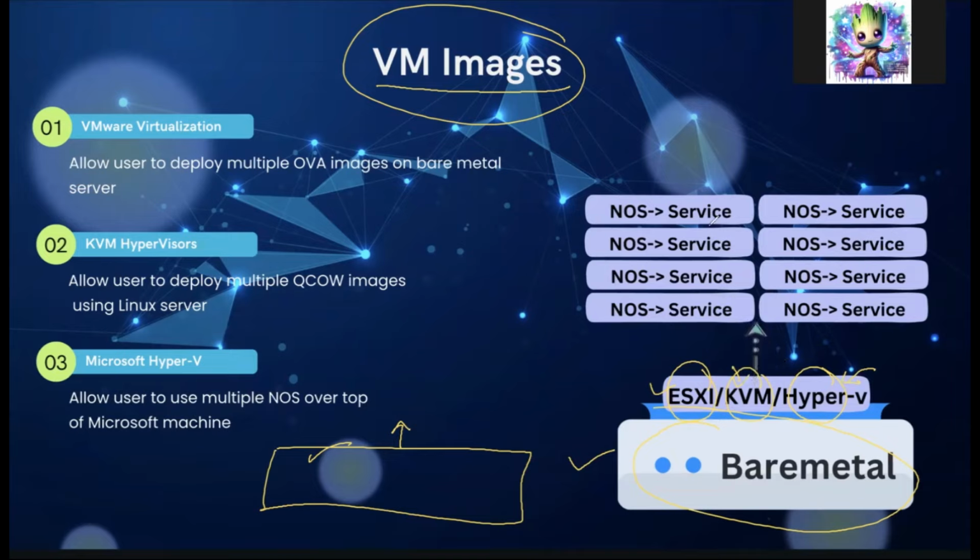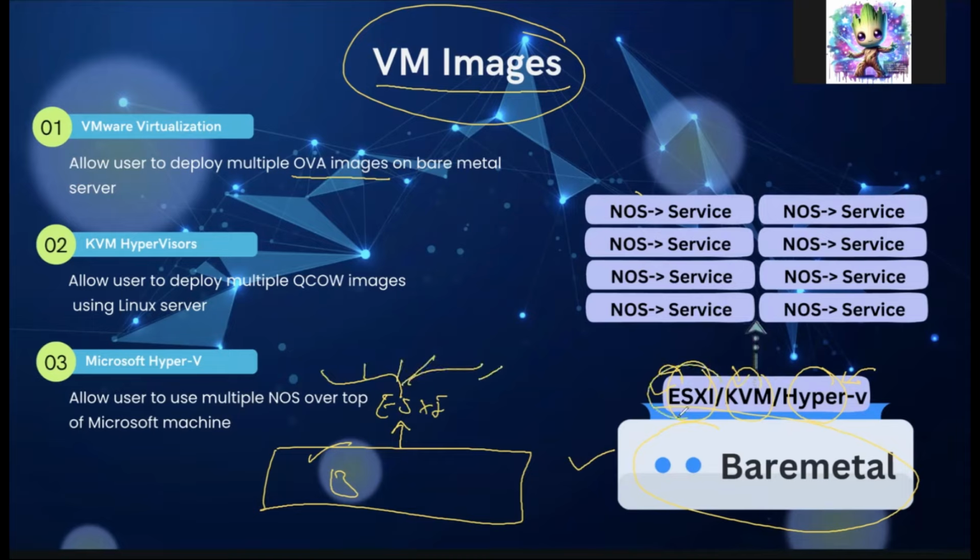On top of that, as we know, ESXi, KVM, and Hyper-V support multiple OS. If I talk about ESXi, that's a VMware solution, so we can deploy multiple OVA images on the single server. It means bare metal, and on top of that we have ESXi, and on top of ESXi we can have multiple nodes running.